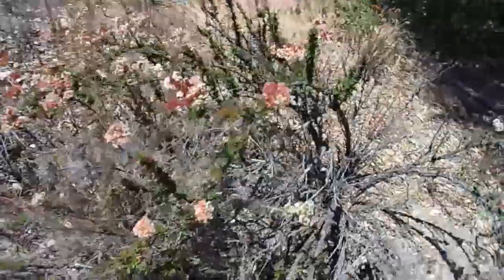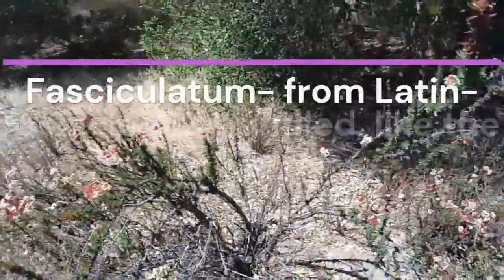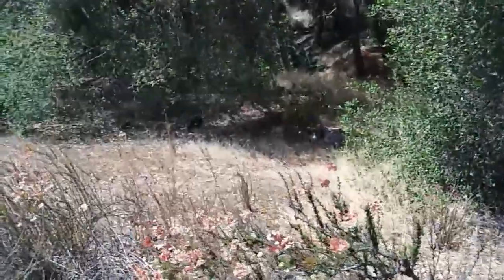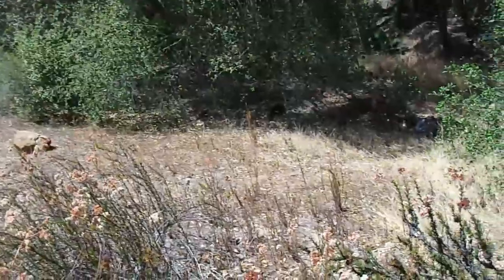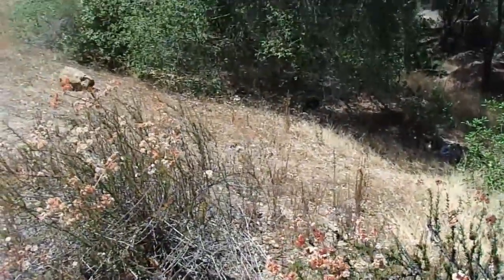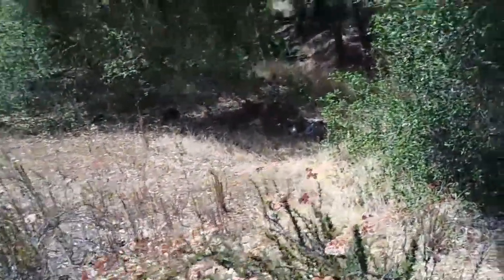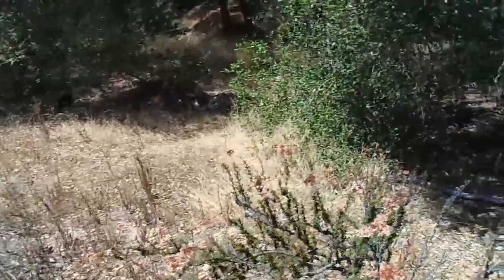That's where the name fasciculatum comes from. Fascicle, bundled. That's from Latin. There's another plant called Adenostoma fasciculatum, which is the chamise, and like the buckwheat, their leaves are bundled, aka fascicled, fasciculatum, along the edges of the twigs.